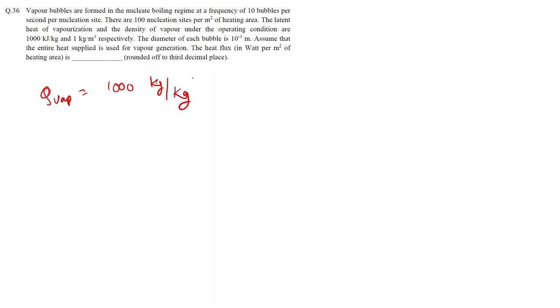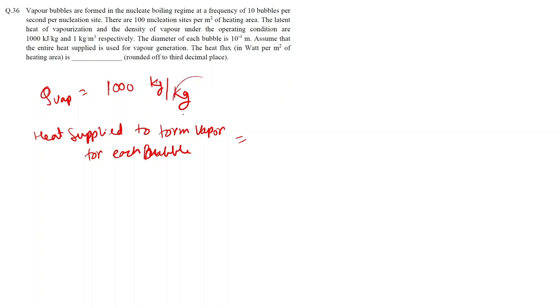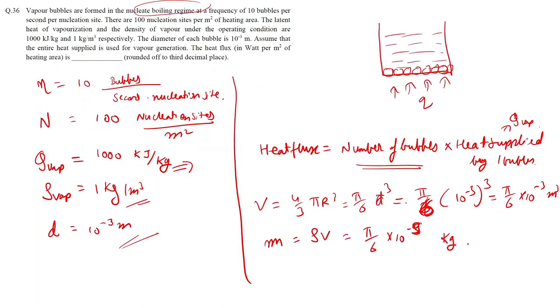So ultimately we can find this Q vaporization as heat supplied to form, so we will multiply this by the total mass of the vapors. So that is 1000 into the mass of the vapors we have found over here.